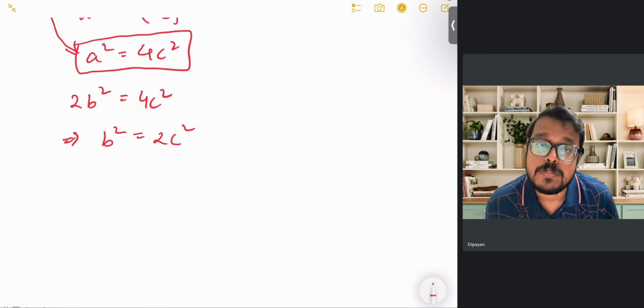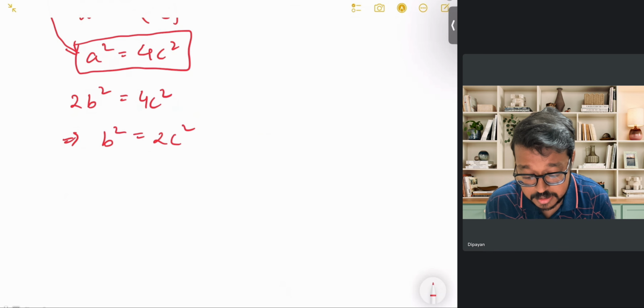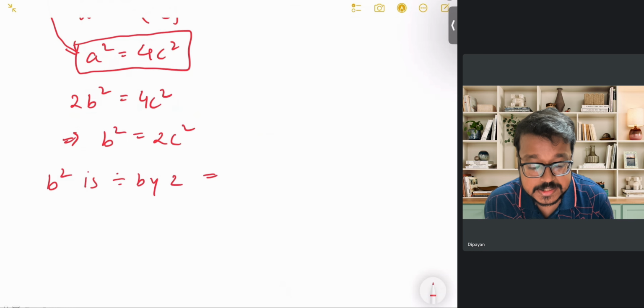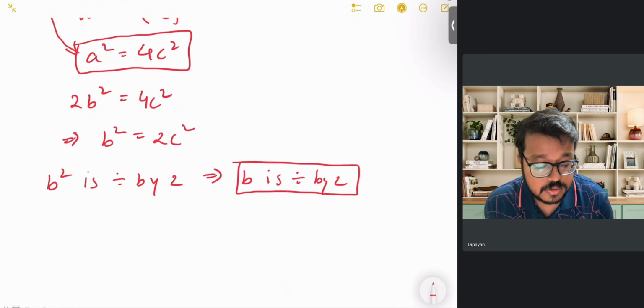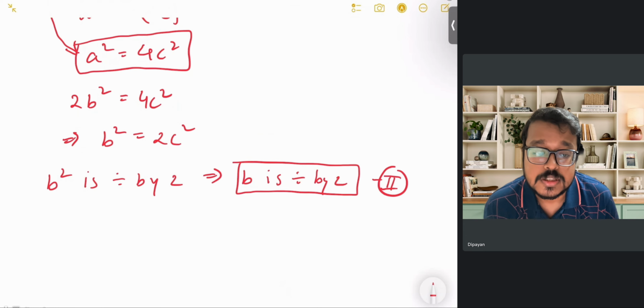Now I have a number b squared which is 2 times some other number. So I can claim that b squared is divisible by 2. And the moment I say that, I can say b is also divisible by 2. So this is statement number 2, that b is divisible by 2.